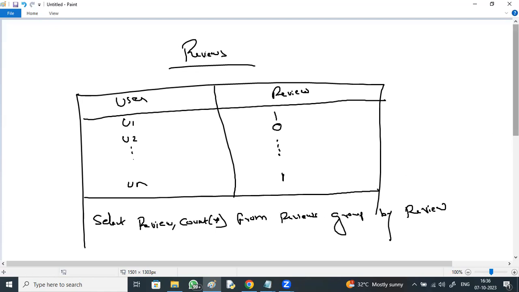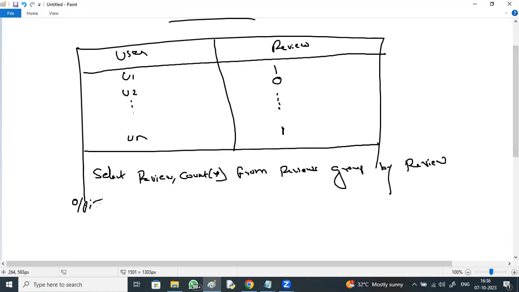Review wise count I want from the reviews table, group by review. The output you can check, right?